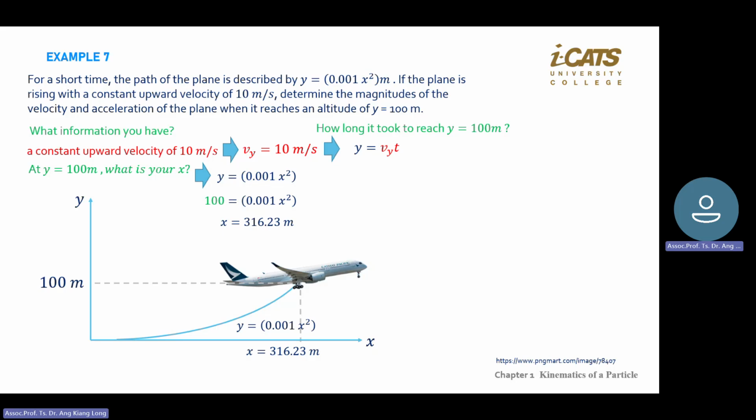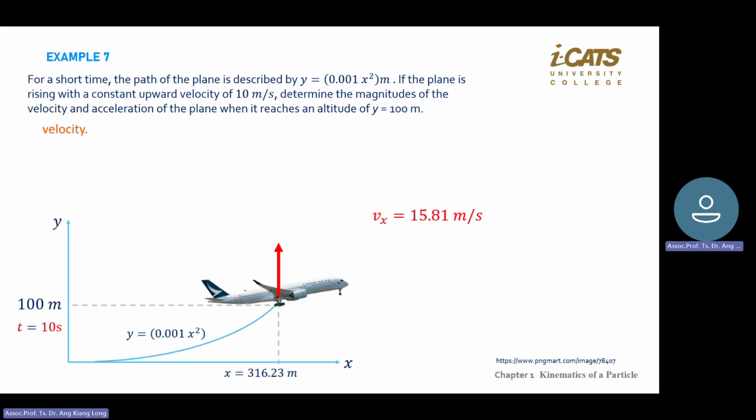You have a constant vy. So how much time do you need to reach 100 meters? How much time from this point to this point? How long does it take? You rise at 10 meters per second. So 10 seconds, right? So you know your t, right? You substitute 100 here, and then write the equation, you get time equal to 10.